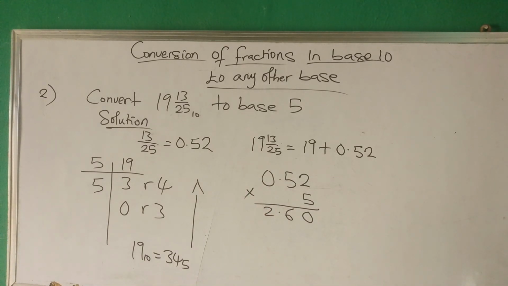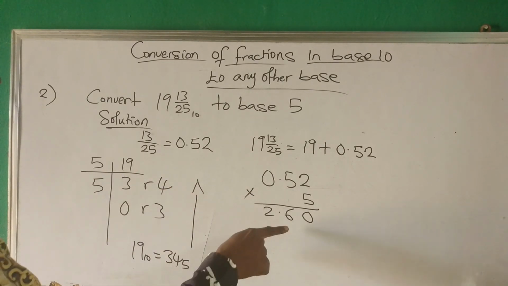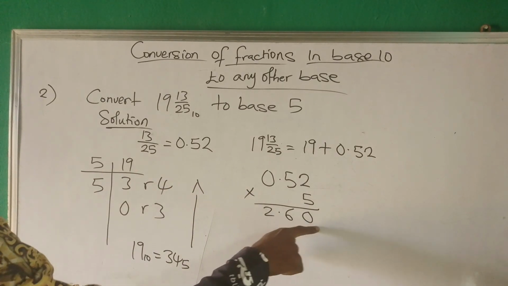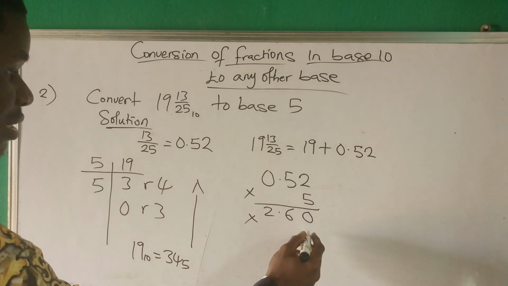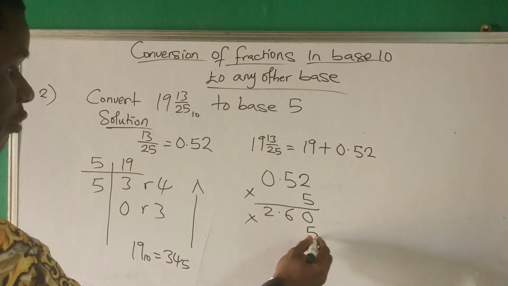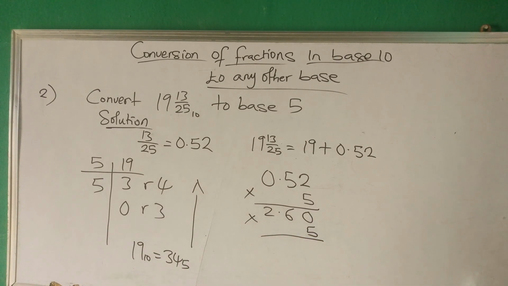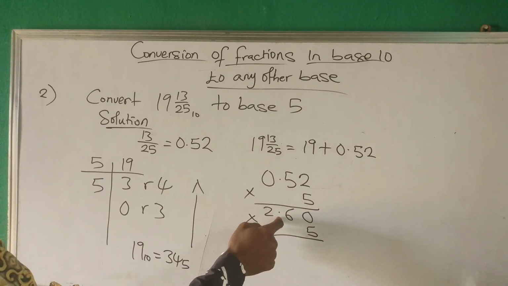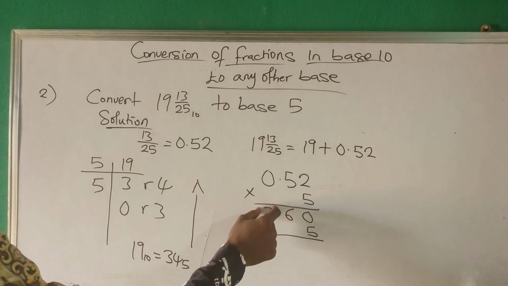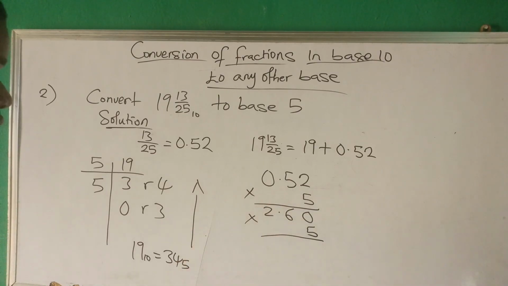Remember, we continue multiplying by the base we are converting to until everything we have after the decimal point becomes 0. So we go again, we multiply this by 5, which is the base we are converting to. But remember, we are not multiplying this value that precedes the decimal point. We always exclude this value and just put 0 there.